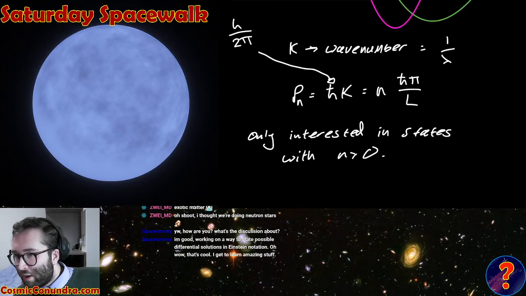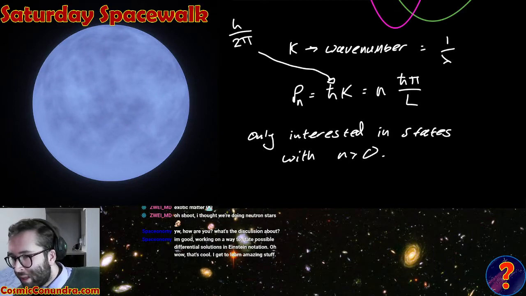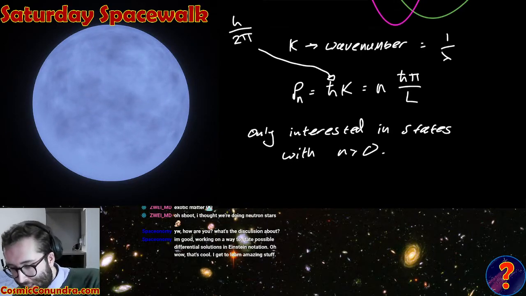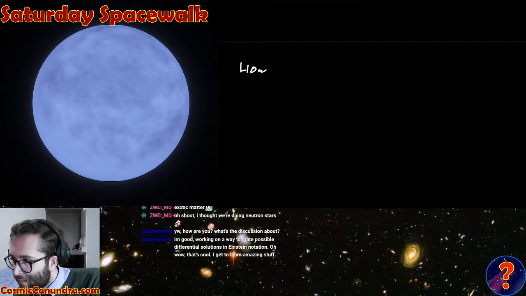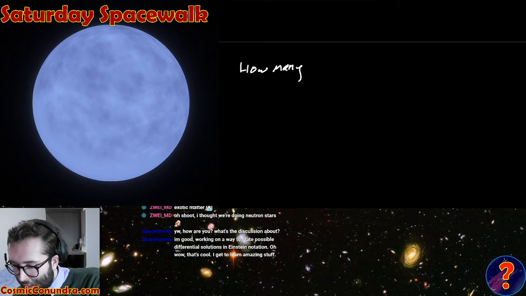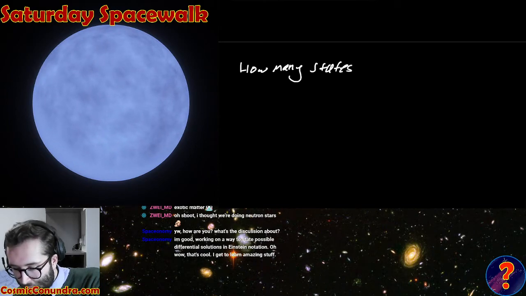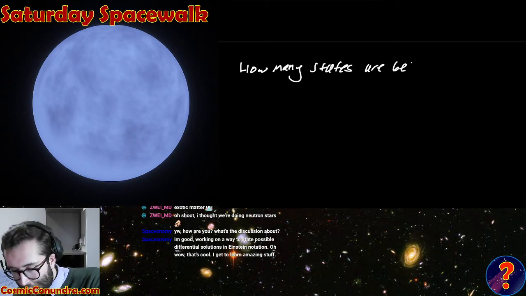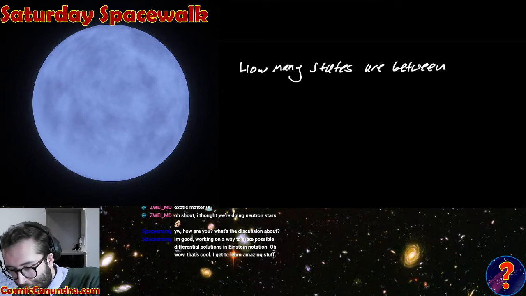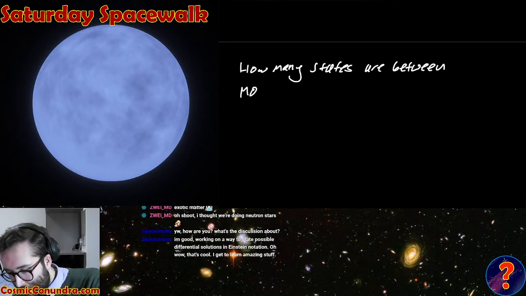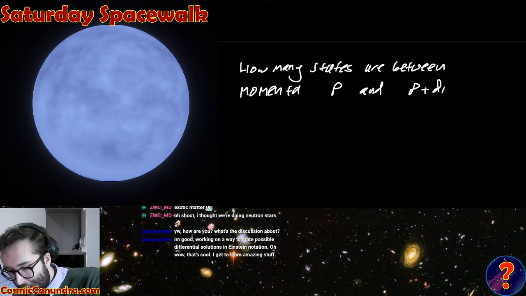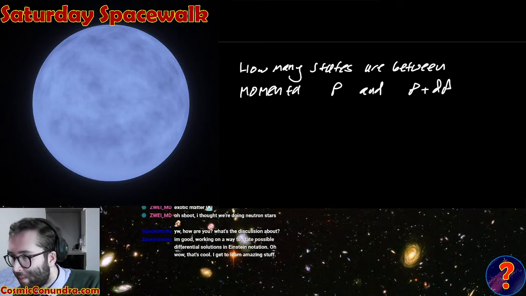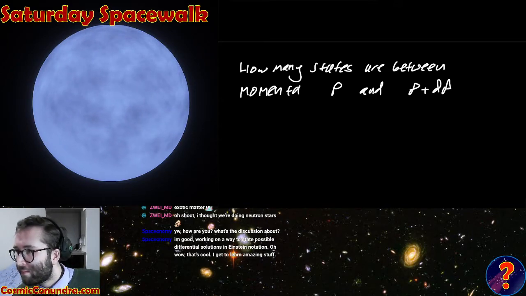So what we want to know is how many states there are in a certain range of momenta. So we want to calculate how many states are between the two momenta, P and P plus some extra small amount of momenta.